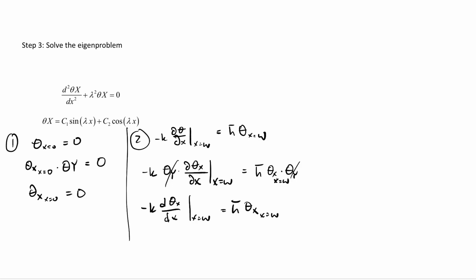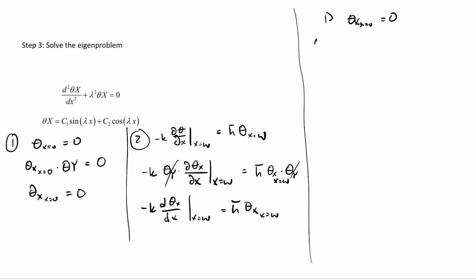Now let's make myself some room over here. Let's go through and actually solve to try to get the eigencondition. We're going to enforce the boundary conditions first. We're going to say theta x at x equals 0 equals 0. So let's enforce this boundary condition on our theta solution.